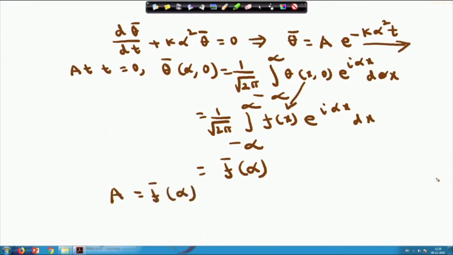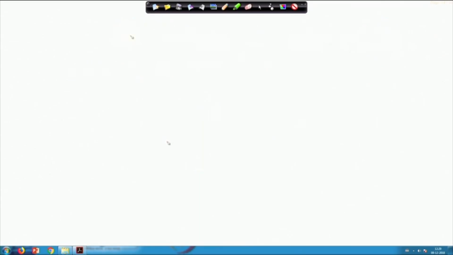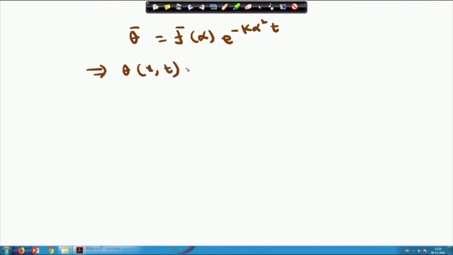So, once I obtain A as f bar alpha, I can write theta bar equals f bar alpha into e power minus k alpha square t. From here you can write theta x t using the inverse Fourier transform.